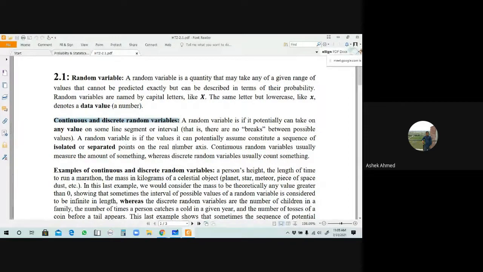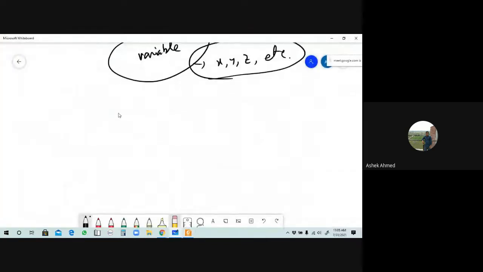Before describing discrete and continuous random variables, first of all, tell me about discrete and continuous numbers. What do you mean by discrete number?